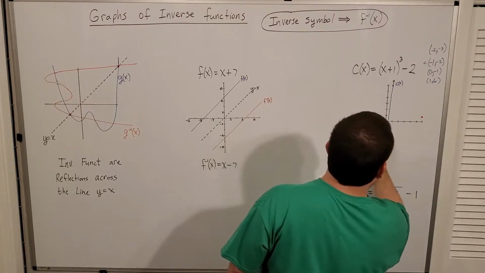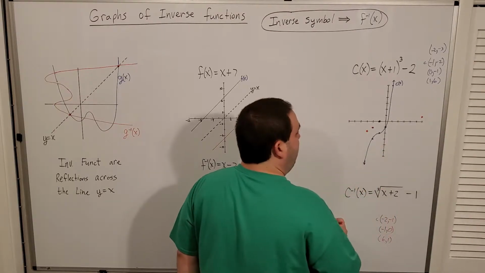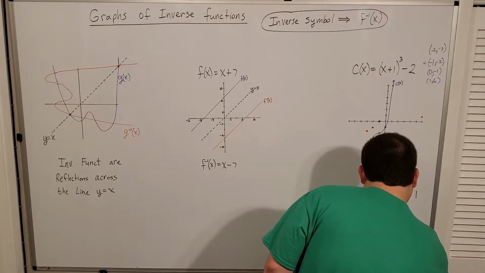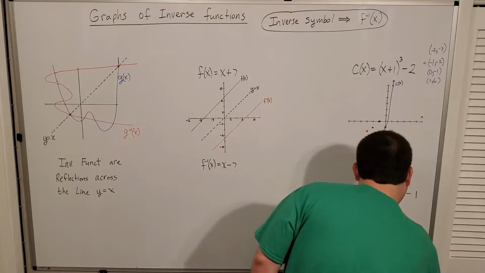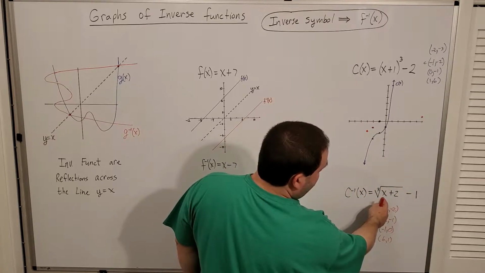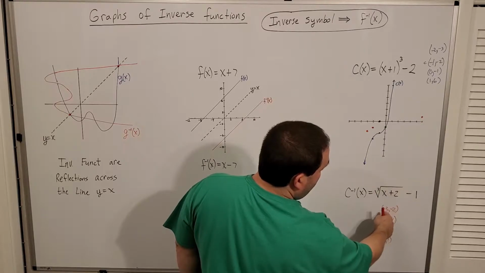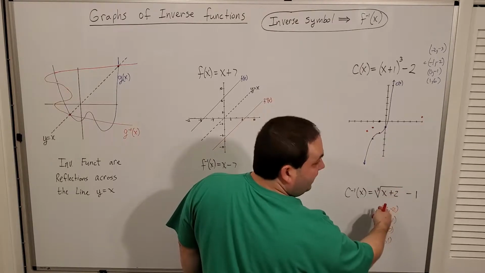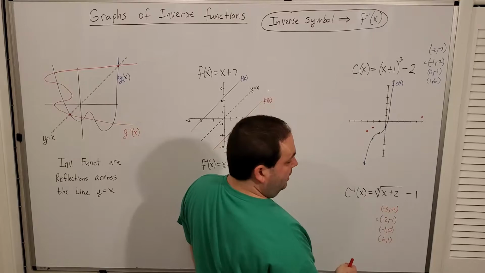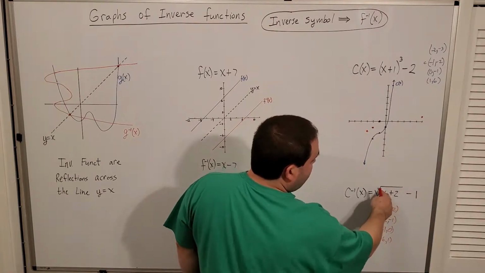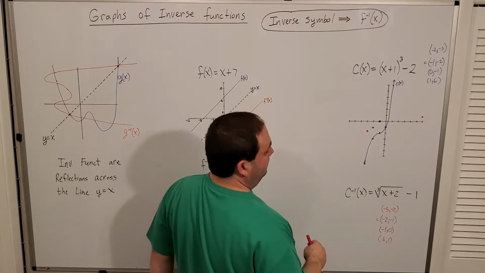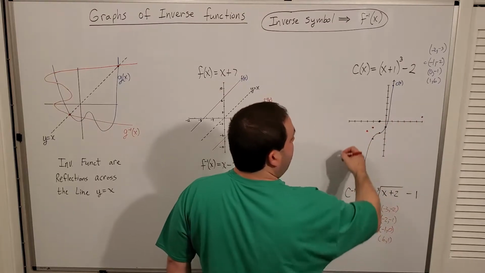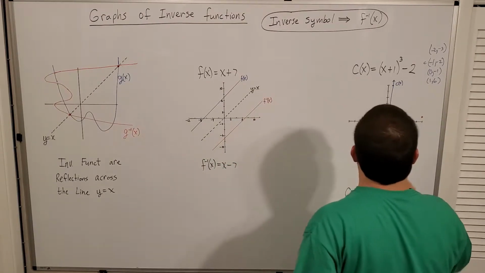And it's also going to go through the point negative 3, negative 2. Right? If I plug in negative 3 plus 2, it's the cube root of negative 1, which is negative 1, minus 1 is negative 2. So as you can see, you can find all of these just by plugging them into the function here.